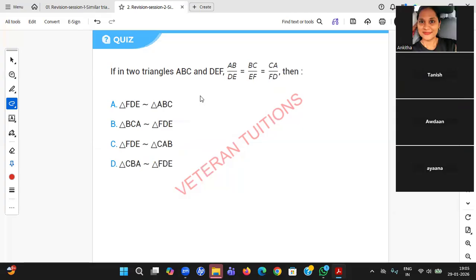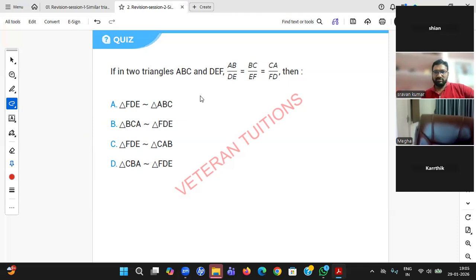Ayana, where are the answers? Megha gives some option. Ankita, Megha, answers are matching. Rujita, answer not matching. Narendra, answer matching. Then Rujita, you need to check. Remaining all are correct, I guess.